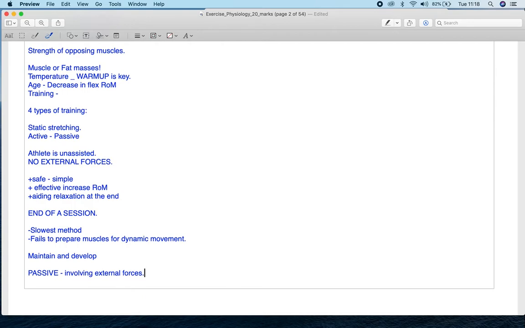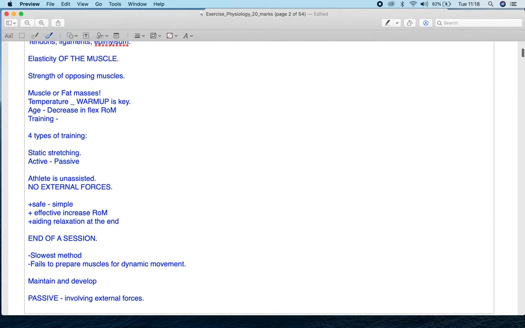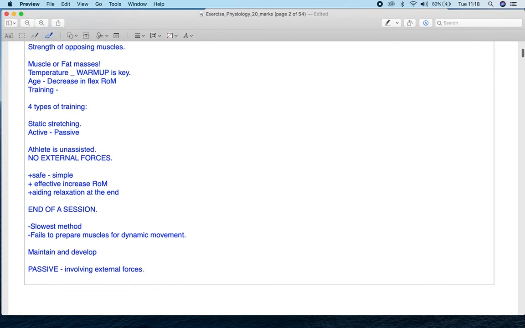So it's a little bit more intense than the active side of static stretching, but it is still safe, still simple, and still very good for aiding relaxation at the end of a session. But again, it's still slow and still fails to prepare for our actual dynamic movements.